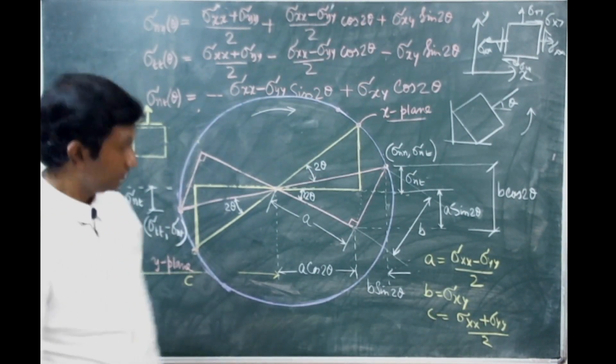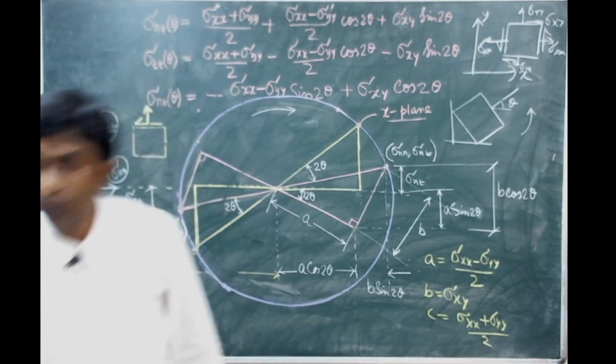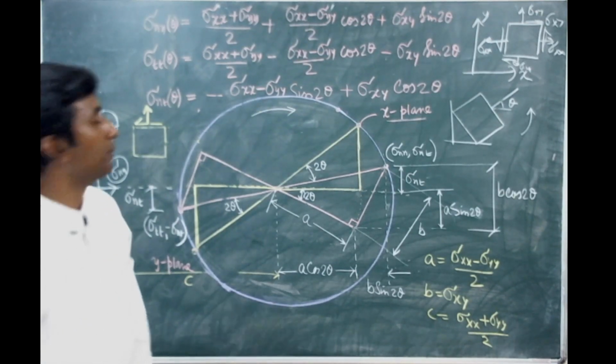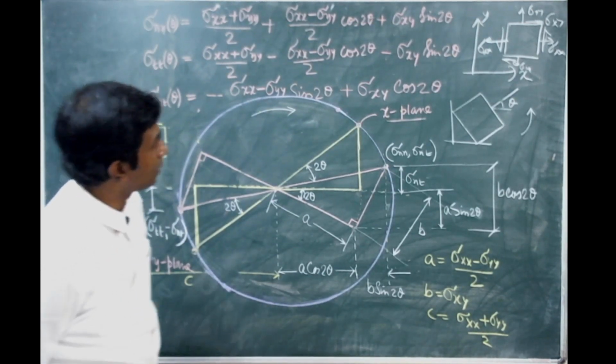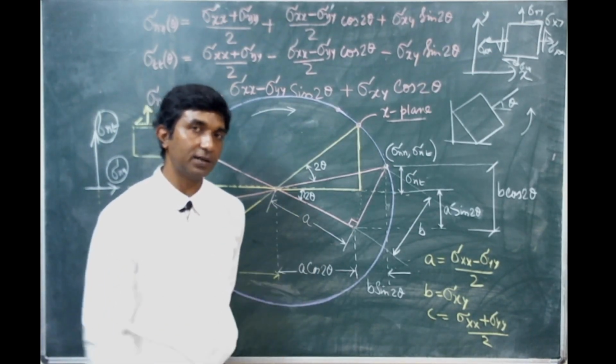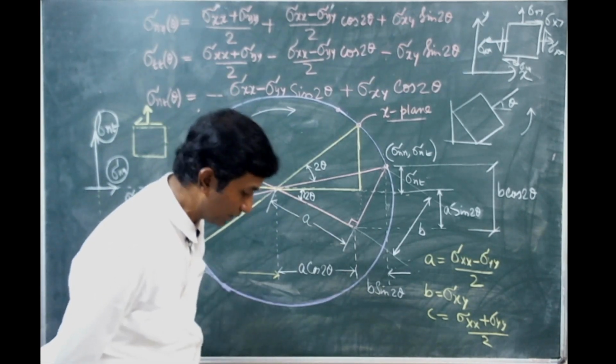Let me come back to this figure again. What we see is that using the Mohr circle one can describe this. Another feature one can observe, because I am trying to enter another part, is principal stresses.